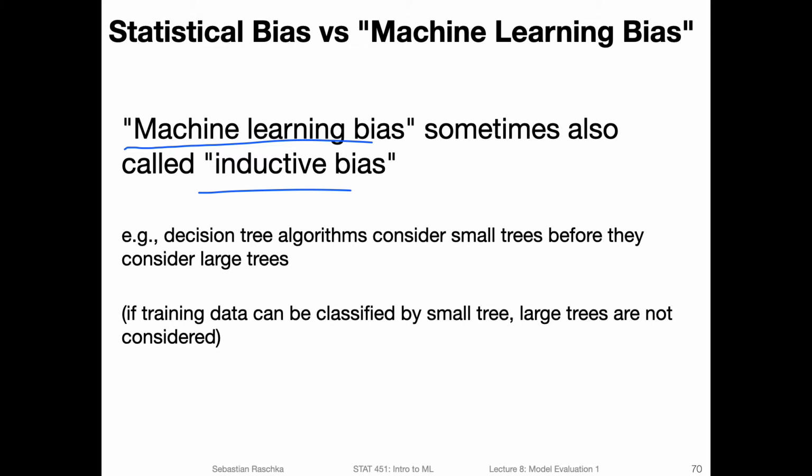If you think of a decision tree algorithm, for example, it favors smaller decision trees over larger decision trees.